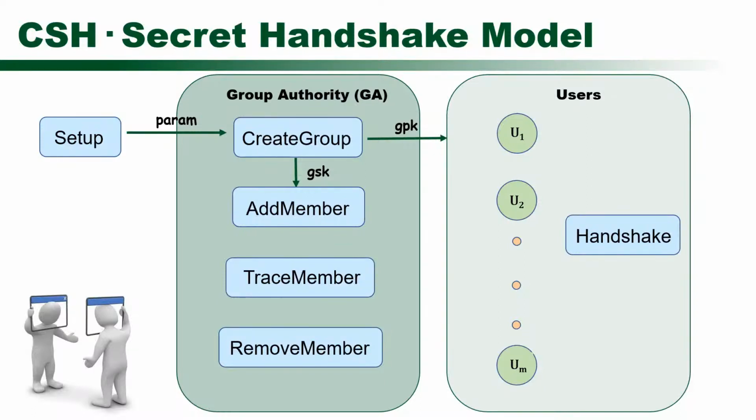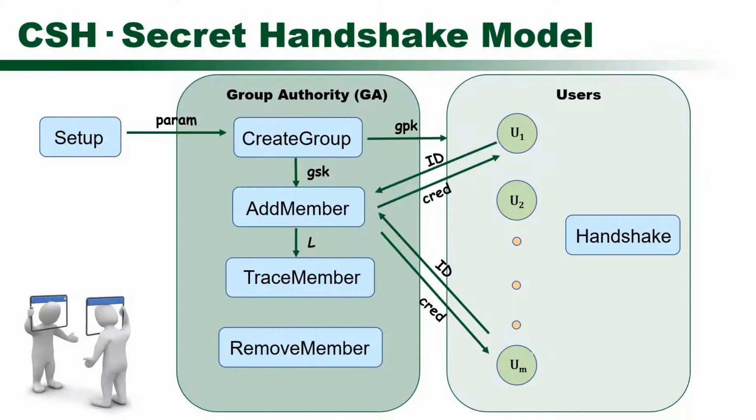Add member is a two-party protocol run by a user and GA, which adds a user to become a legitimate member of the group. GA will send the user's group credential to the user and add his ID and credential to a list L.